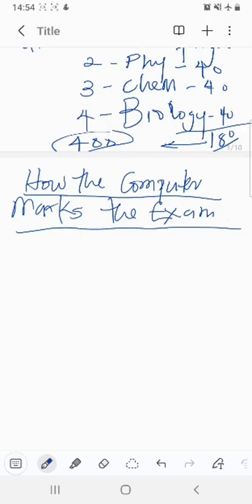Are you with me? You should note that it is the computer that marks. All the answers are set on a server. Once you submit your answers, the server will compare your answers with the correct answers and give you your mark. Am I communicating?